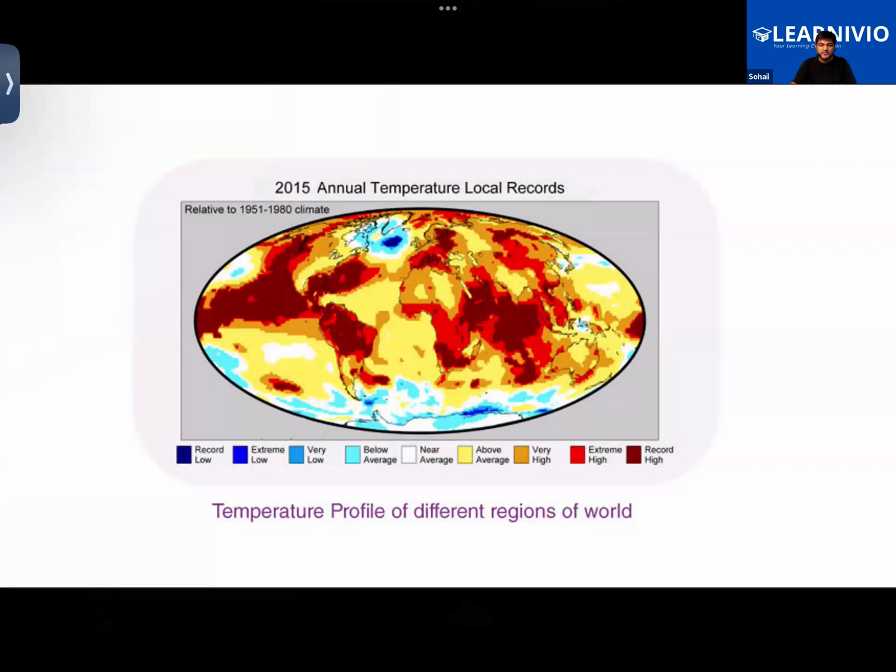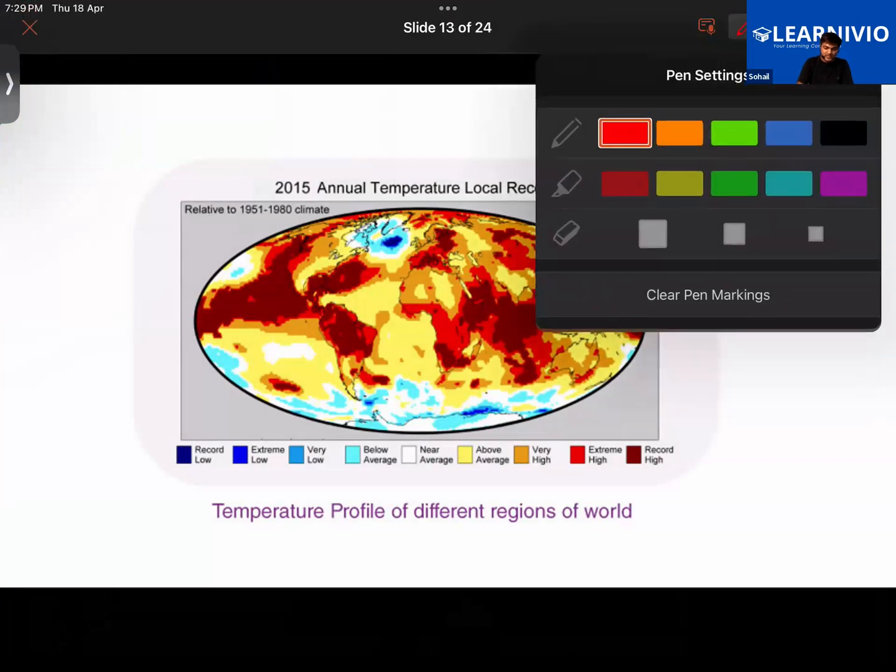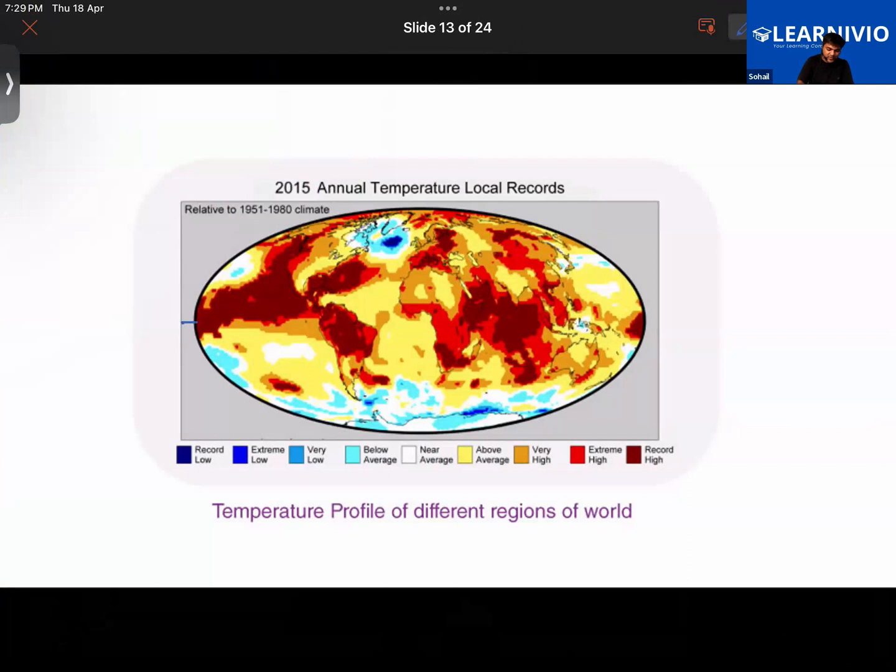So this is basically the temperature of the different parts of the world. This is the report prepared in the year 2015, which shows the average temperature of different parts of the world. You can see here that the areas that are closer to the equator of Earth, you guys know about the equator now? It's an imaginary horizontal line that divides the Earth into the northern and the southern hemisphere, right?